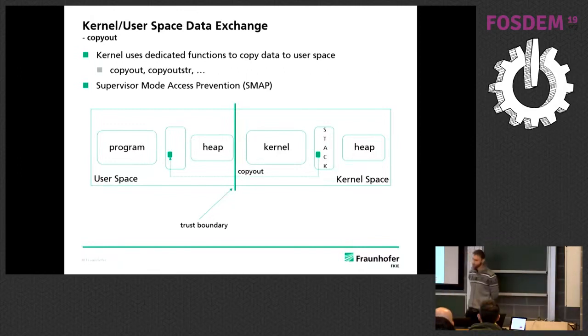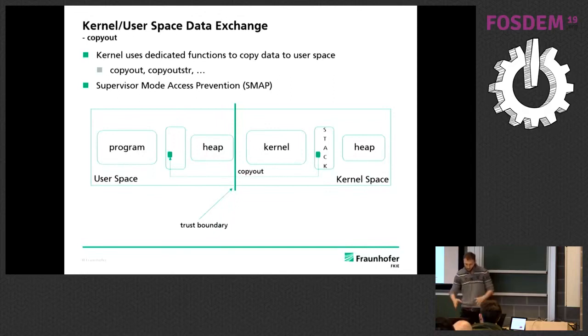Typically, there are also dedicated functions like copyoutstr in order to get this data to the user mode program. The kernel does not typically write directly into user space. It uses these APIs also because of things like supervisor mode access prevention, which is kind of an exploit mitigation.